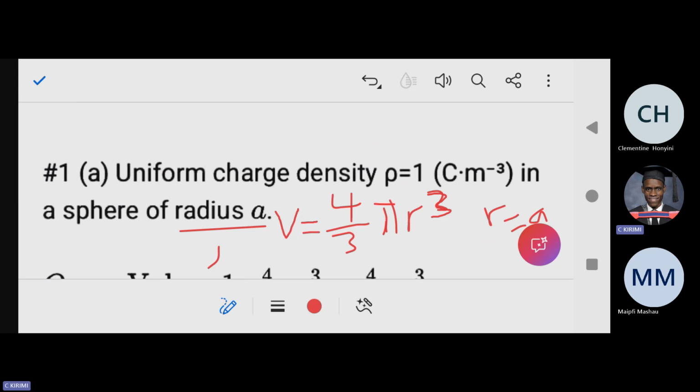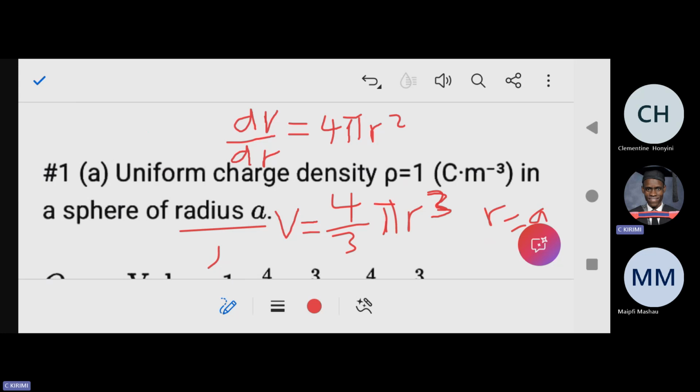So differentiate V with respect to r. What is dV/dr? It's 4 pi r squared.